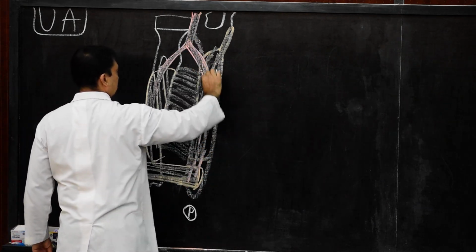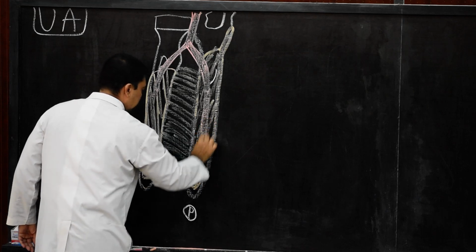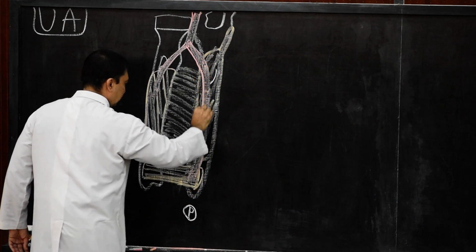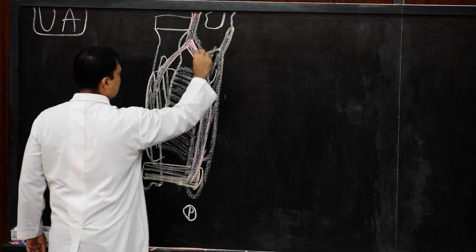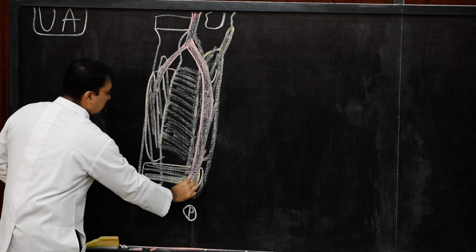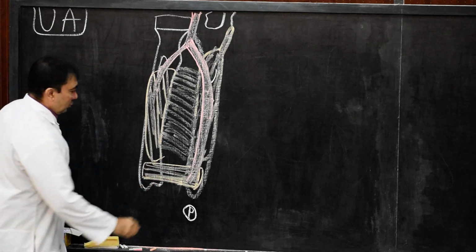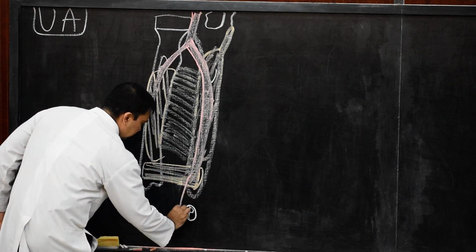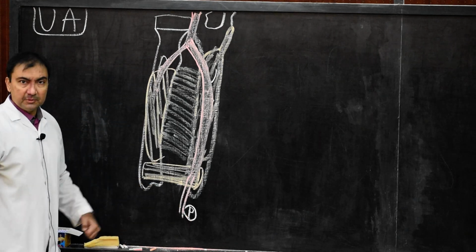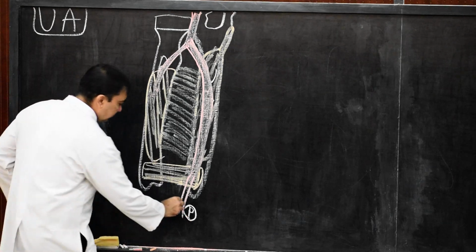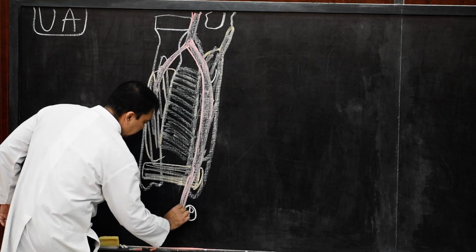Here we darken this, we give some color on this side, and we show this as the ulnar artery. Lower down, we show that it is lying radial side to the pisiform bone. Radial to the pisiform bone, the ulnar artery will be lying.